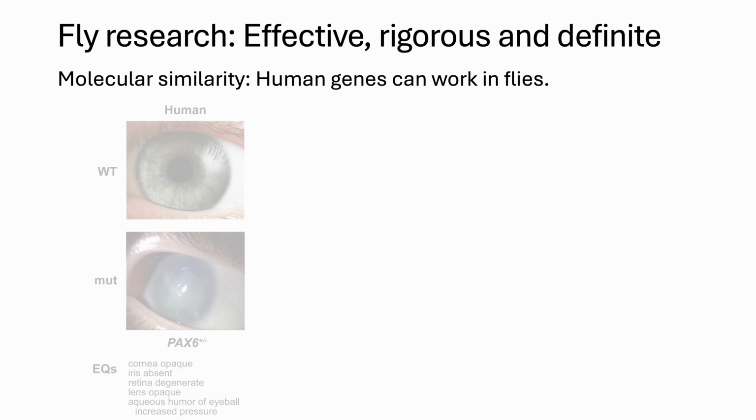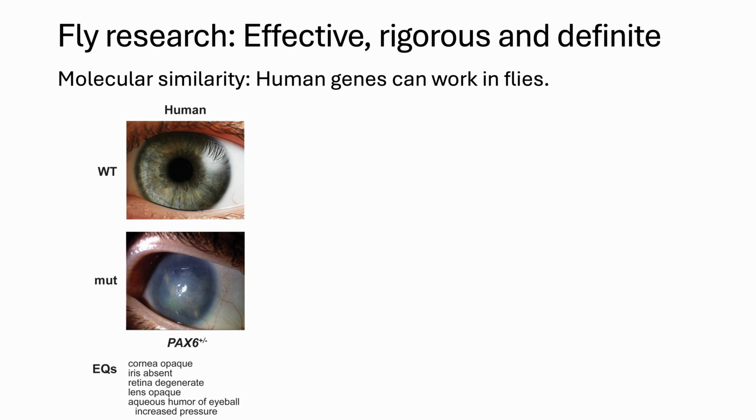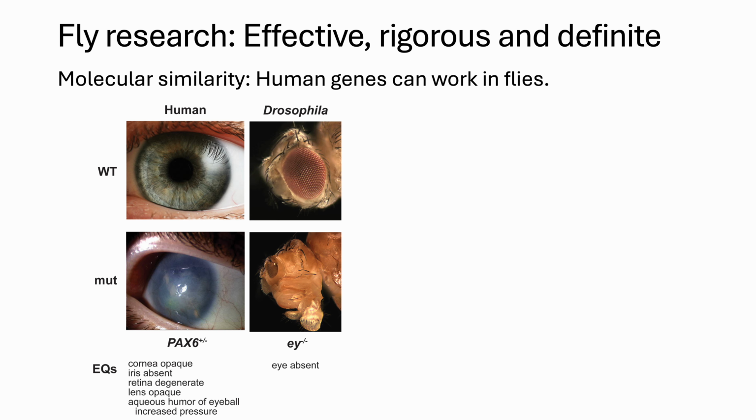So for example, a mutation in a gene called PAX6 in humans causes defects in eye development, right? And the same thing happens when you take away the gene that looks like PAX6 in terms of sequence, called eyeless, in flies. So the eyes of the Drosophila don't develop.